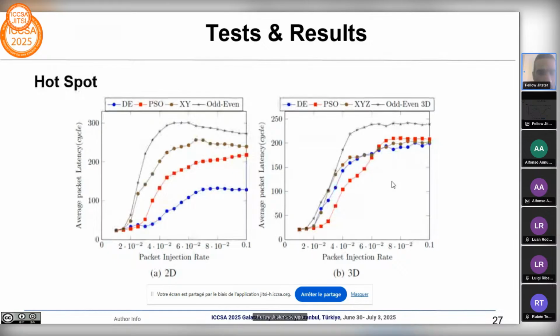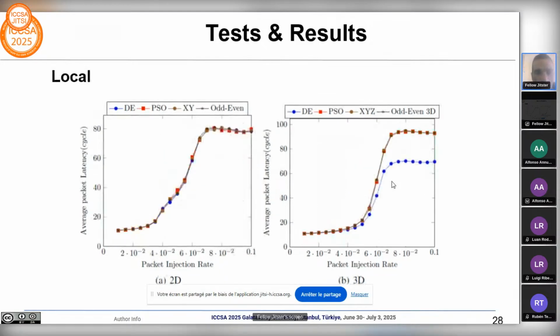Also the same in hotspot, the DE algorithm gives better latency results than the other algorithms. But in 3D, DE, particle swarm and XYZ routing give approximately the same packet latency. In local, we have the same result, but in 3D DE gives better results than the others.